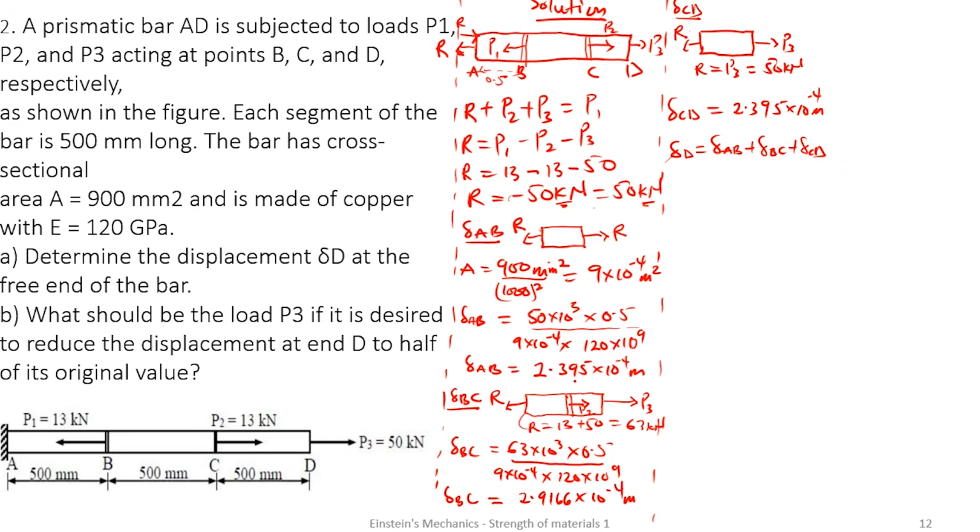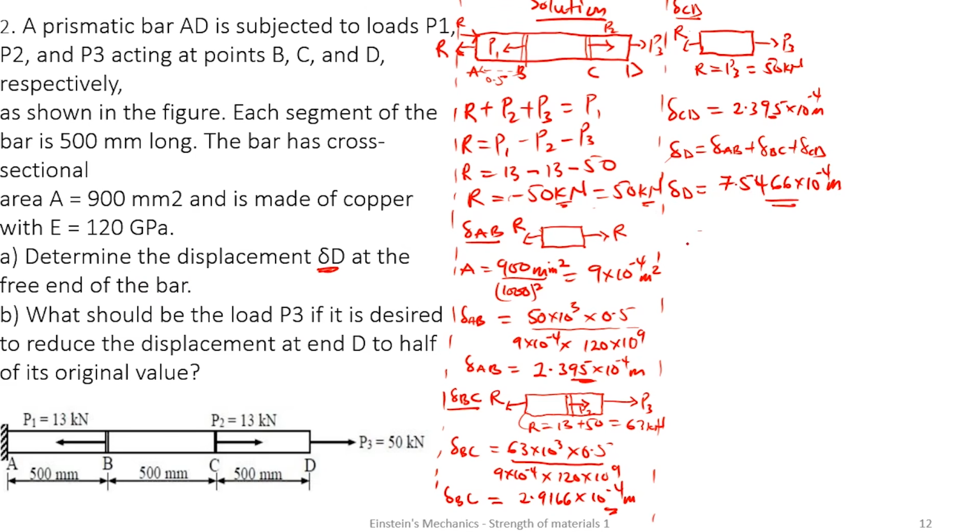And upon adding this, that, and that, the total elongation produced will be 7.5466 to the power negative 4 meter. So meaning the displacement at D will now be 7.5466 10 raised to the power negative 4 meter.